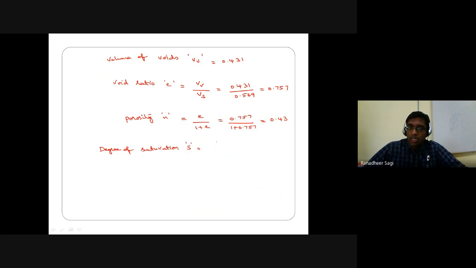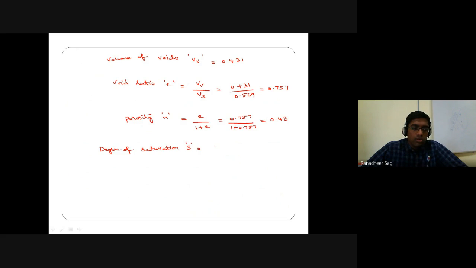So for calculating it, I require the volume of water occupied in the void spaces. That is one way. The other way is from the relation between degree of saturation, void ratio, specific gravity of soil solids, and water content present in that soil.